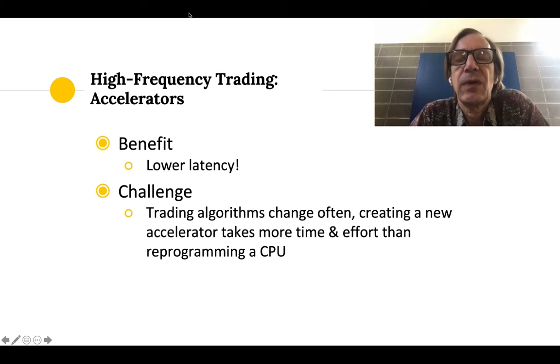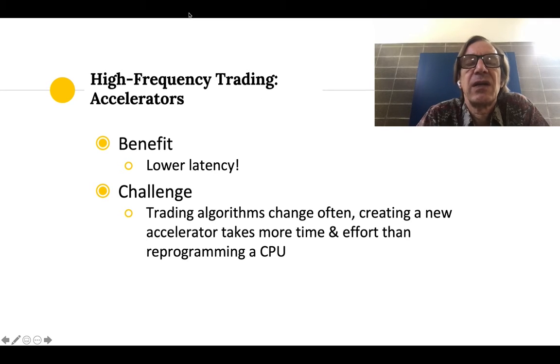So clearly, in this example, accelerators can provide a benefit and give you a faster turnaround time. However, especially as more of the strategy elements may be included in the accelerator itself, programming the accelerator becomes more of a challenge. And the most advanced trading algorithms may change at a very high rate.